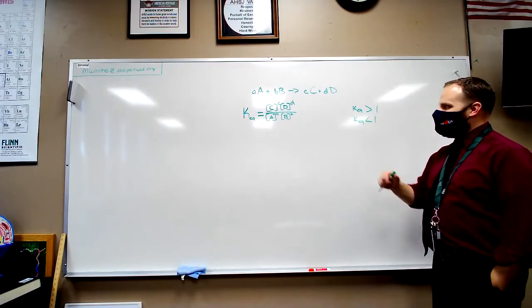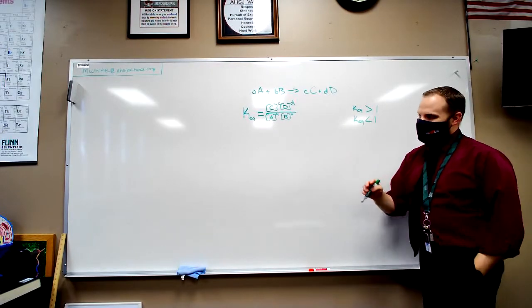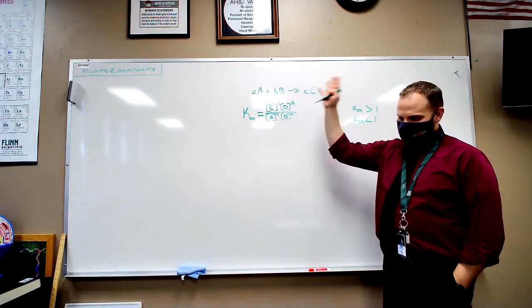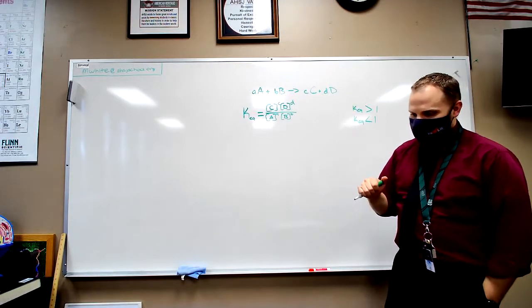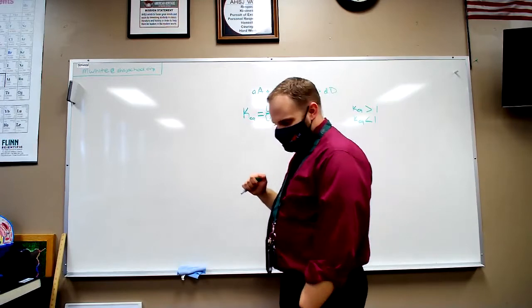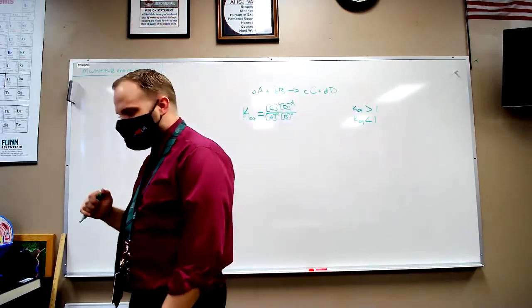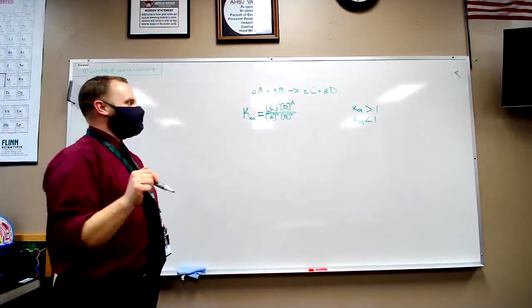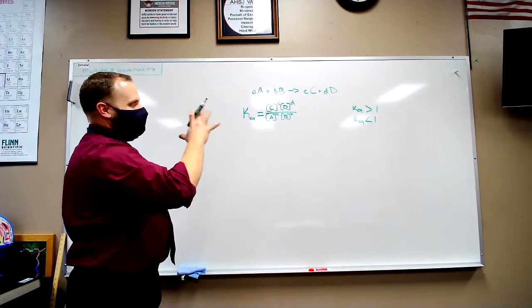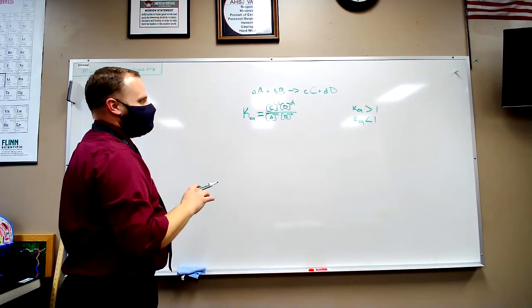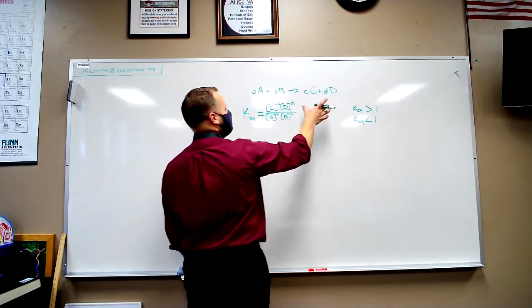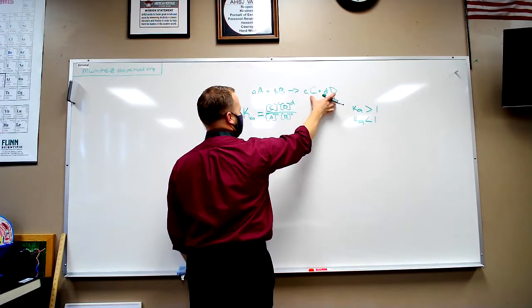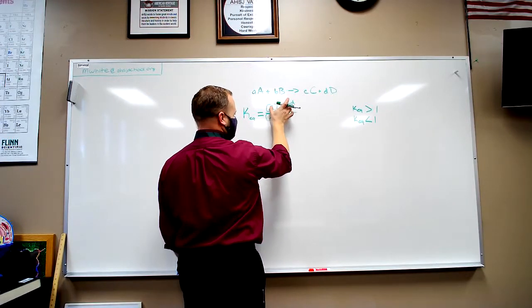That's how we figure that out. Now, we'll get to a point where we put in concentrations and we'll work with actual equations to do this. But this is just the concept, okay? So we're taking the concentrations of our products right here.